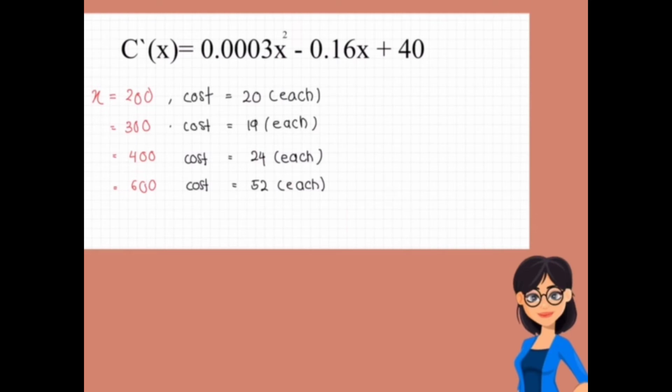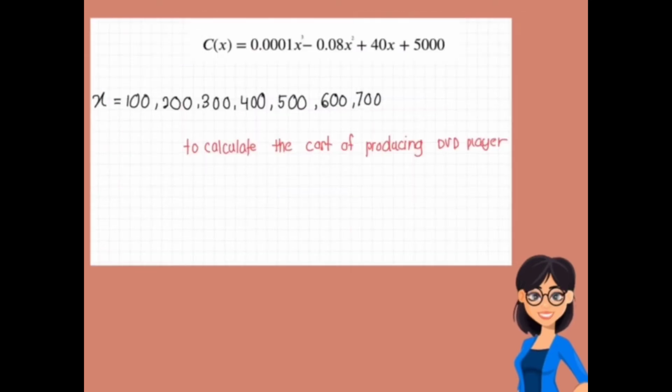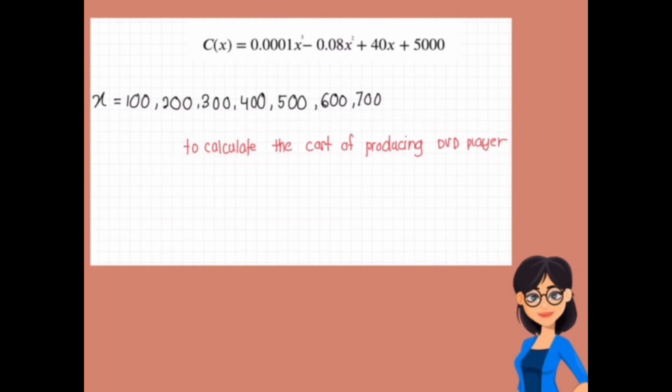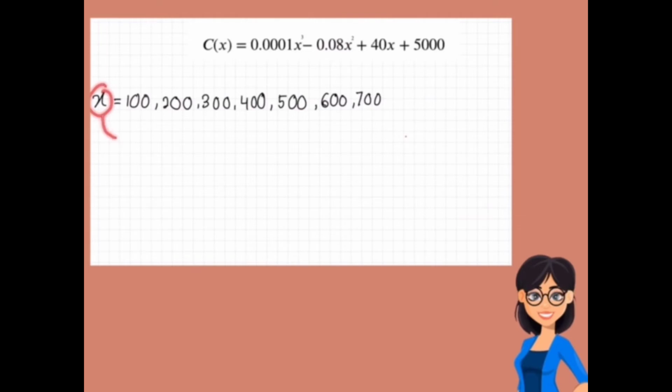Alright, to give a better explanation about the analysis, we are going to calculate the cost of producing DVD players using this equation. Judging by all the x's, I decided to go with all these numbers, from 100 until 700. The x is representing the x-axis, while the C(x) is representing the y-axis.